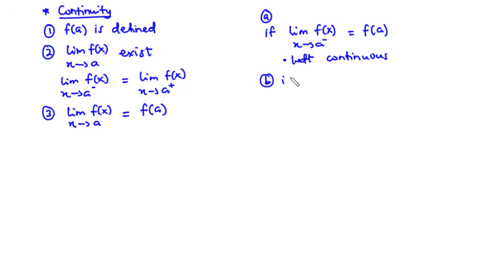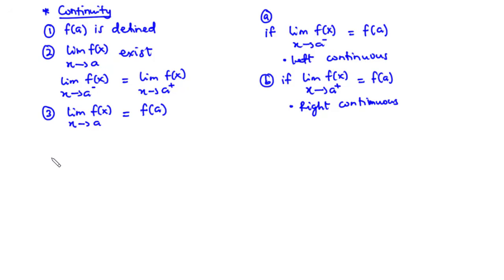And then B, if the right hand limit is equal to f of A, then we say that the function is right continuous.